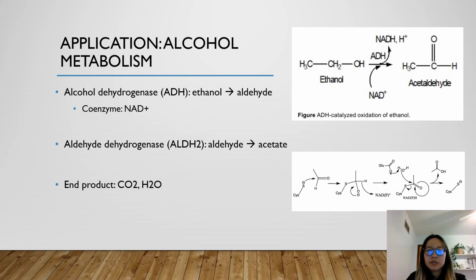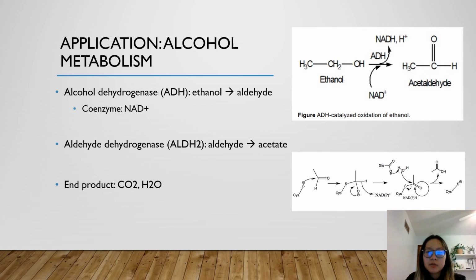One application of this would be alcohol metabolism. And we start with alcohol dehydrogenase, or ADH, which is an enzyme that begins the process of breaking down ethanol in blood. The name dehydrogenase suggests that it is oxidizing the ethanol by removing hydrogens from it.